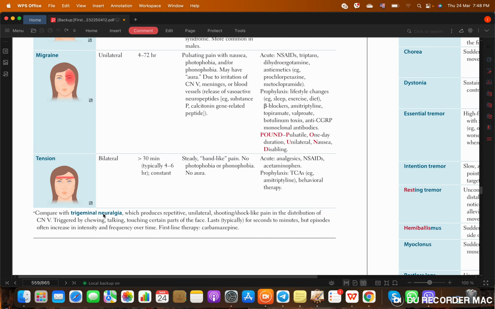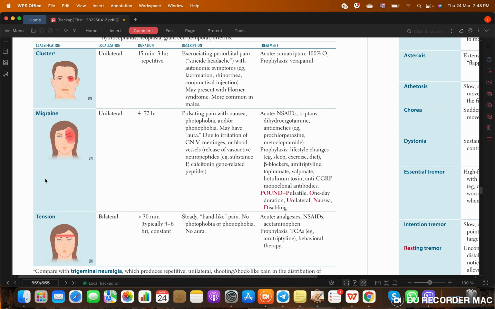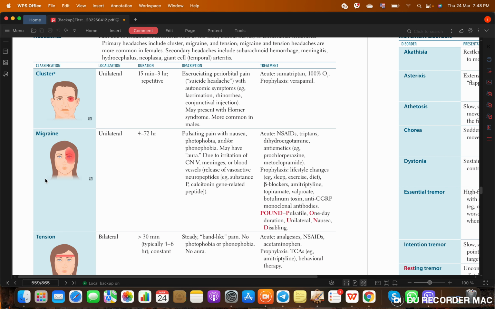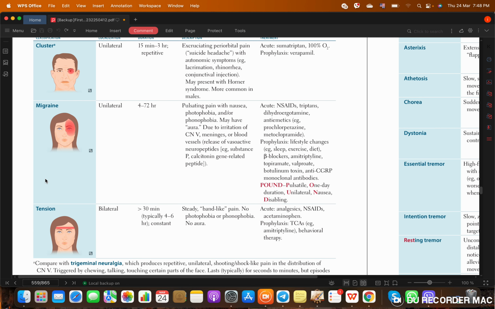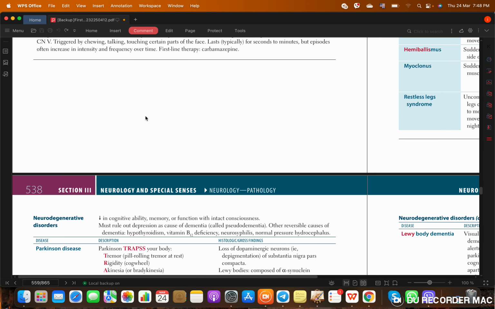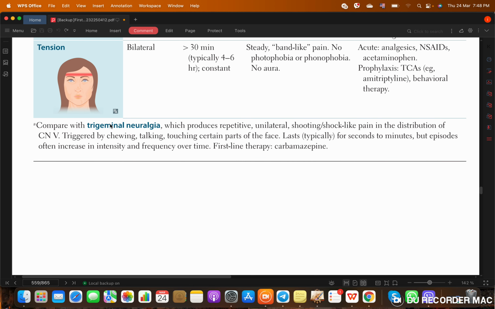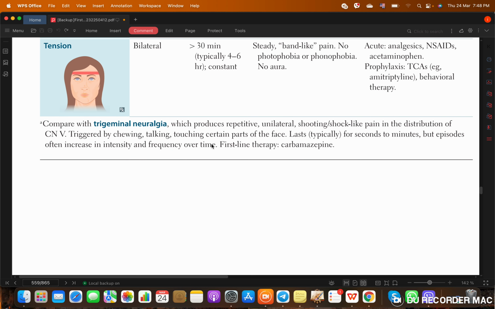So, they say here, compare with trigeminal neuralgia, which produces repetitive unilateral shooting or shock-like pain in the distribution of cranial nerve number 5. Basically, they are trying to tell us not to mistake the headaches, for example the cluster headache, with trigeminal neuralgia, because in the cluster headache it's only the eye, while trigeminal neuralgia is all of the face.